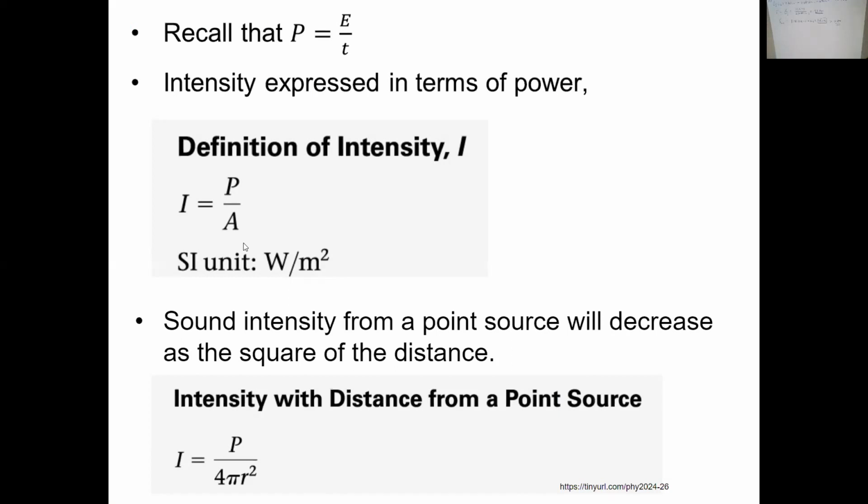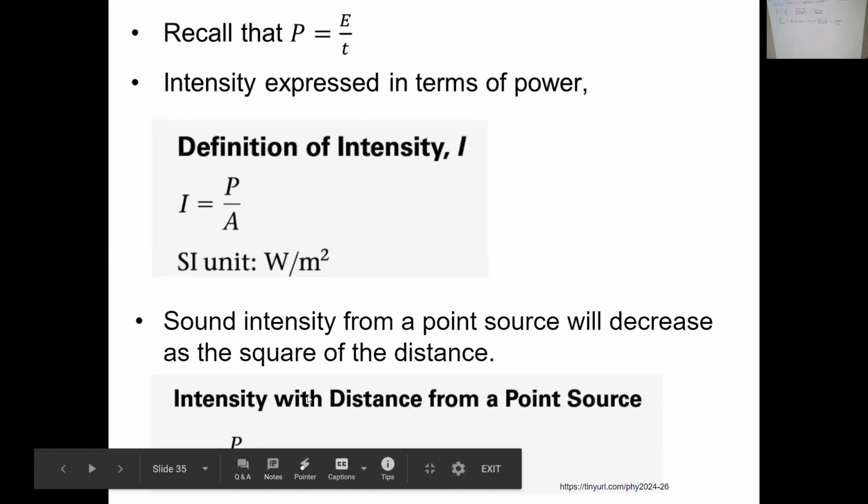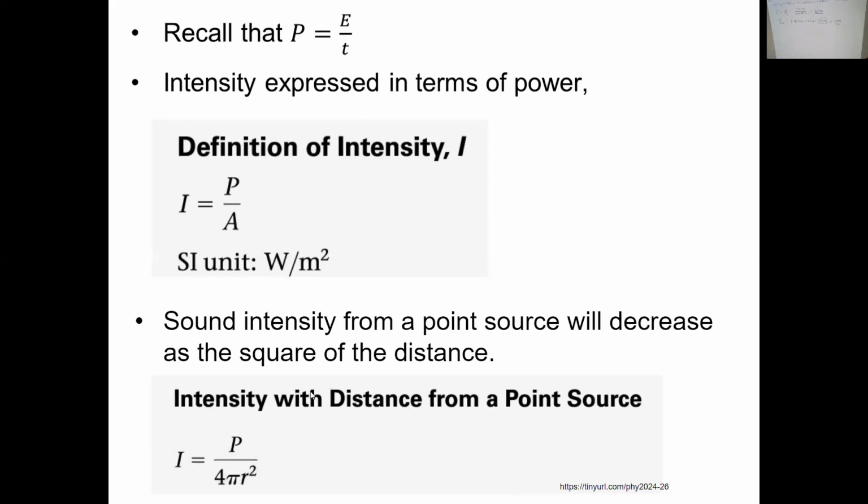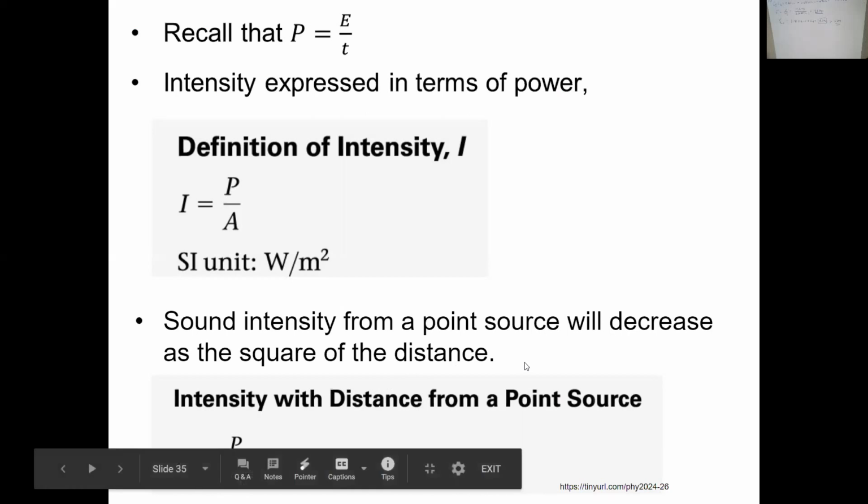So at distance r away from the source, the area that the sound touches is equal to 4 pi r squared, a spherical area. So intensity at distance r away from the source is equal to the power of the source divided by 4 pi r squared.